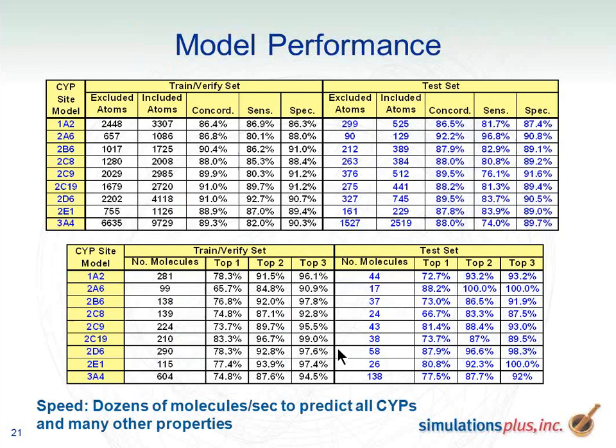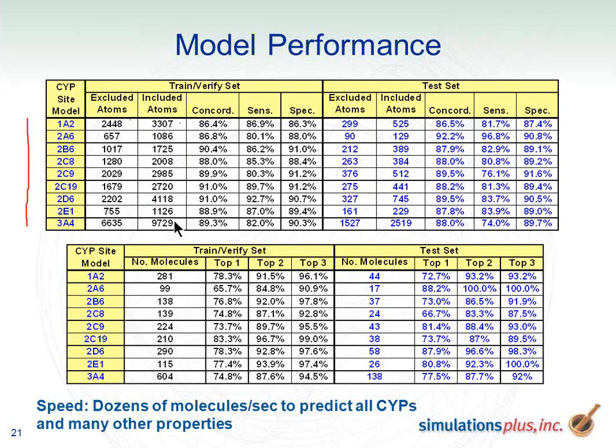Okay, this slide illustrates our model performance for the various isoforms of cytochrome P450. So we have excluded and included atoms. What I didn't mention earlier is that if a carbon atom contains no hydrogen, then it can't possibly be a site. So we automatically exclude those from the models.